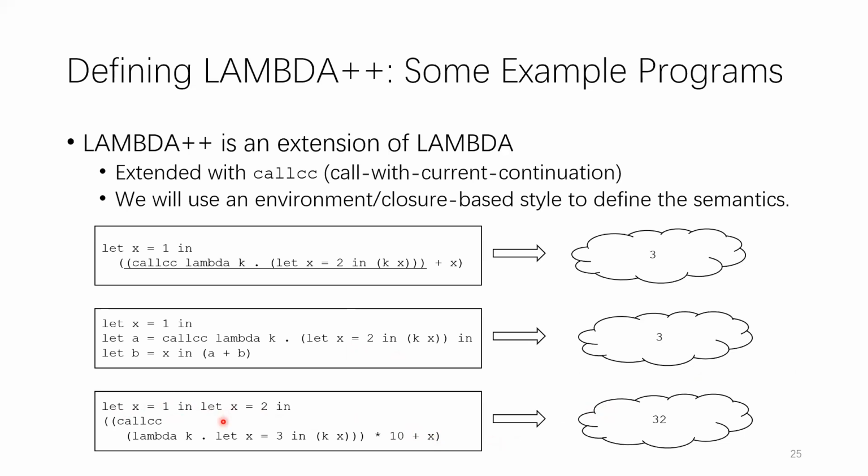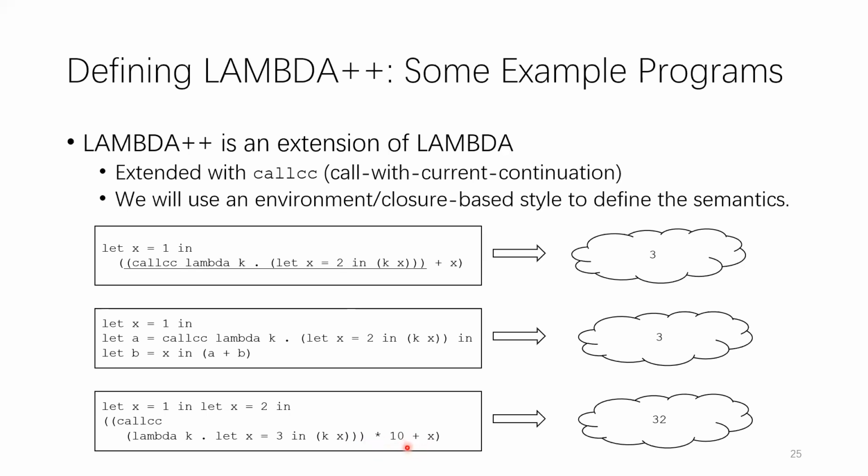We simply needed to identify what is the continuation when callcc is called. So in this case, when callcc is called, the context is something times 10 plus x, right? So what is x? It is the inner x, 2. So the context is something times 10 plus 2.